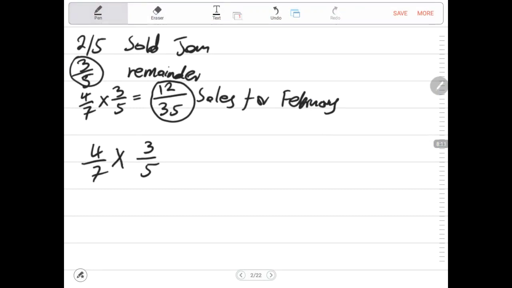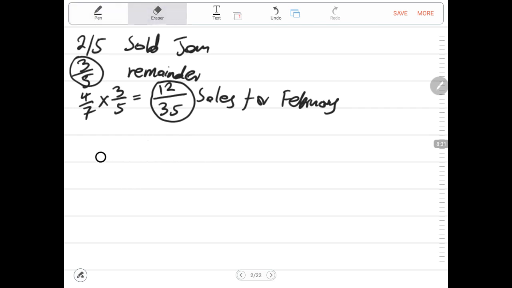So we multiply. We want to know how many units were actually sold for the month of February. Then this becomes 12 over 35. I've explained this already. So it's very important to be mindful.